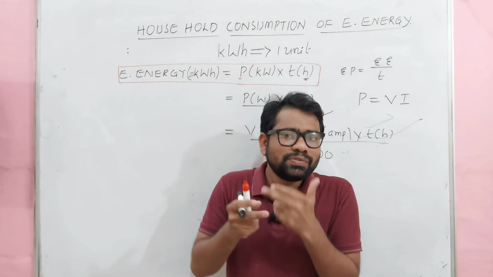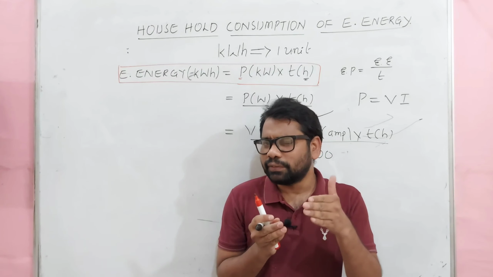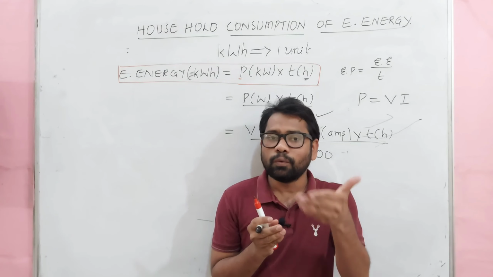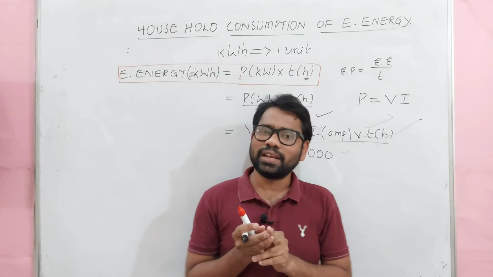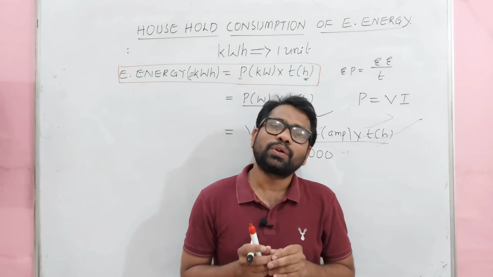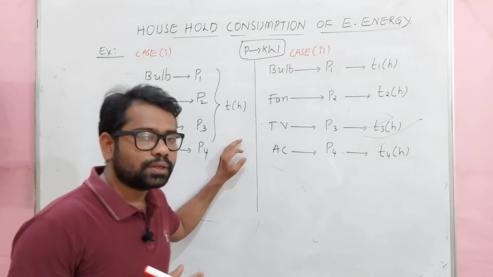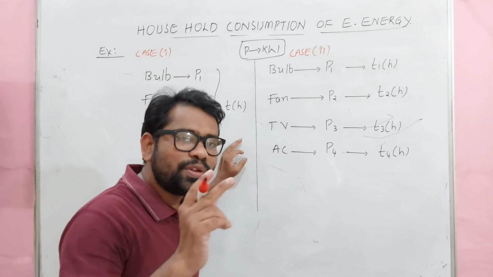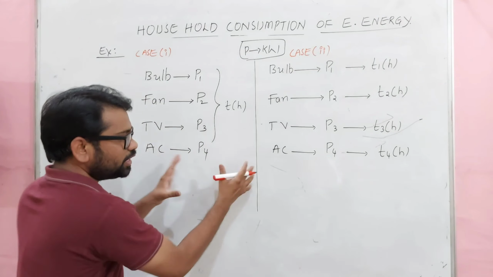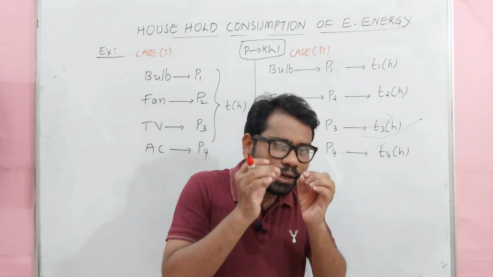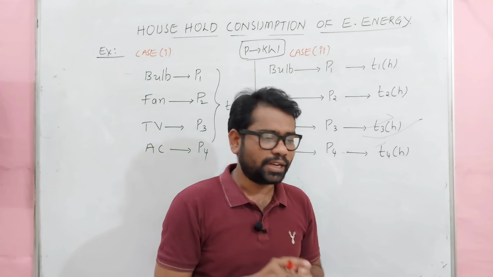But as we are calculating electrical energy for different appliances, what method are we going to follow? Children, here we have 2 methods to calculate the electrical energy consumed. Let us see individually.